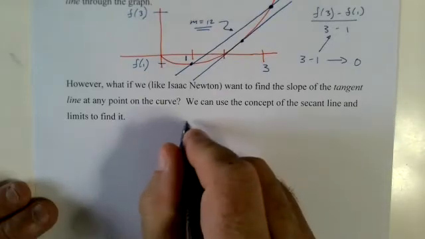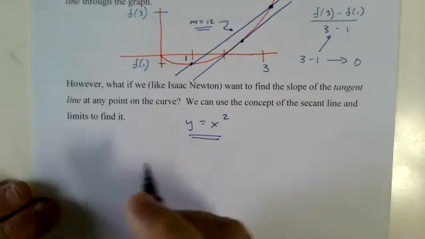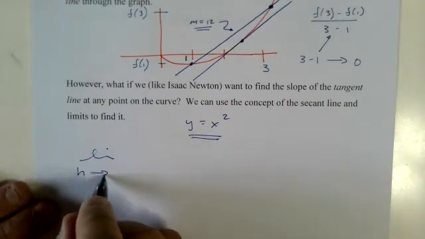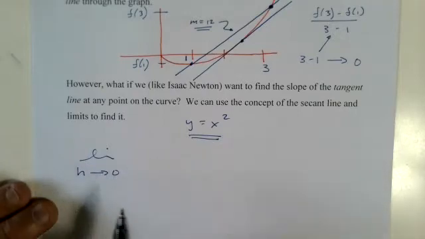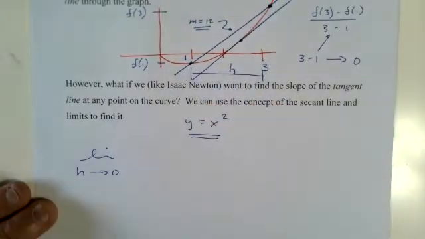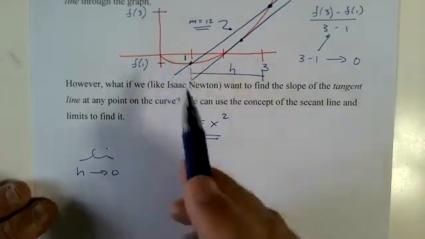Let's just do it with y equals x squared. We want the limit as the gap, some gap h. So we're up here, it would say this gap h as it gets to 0. And we call this the x point.